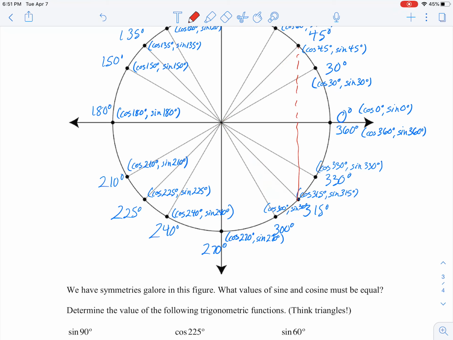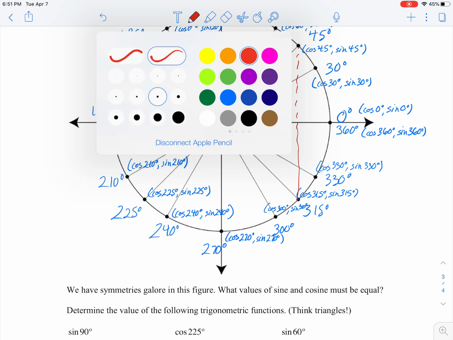Definitely we need a thicker line to show this.